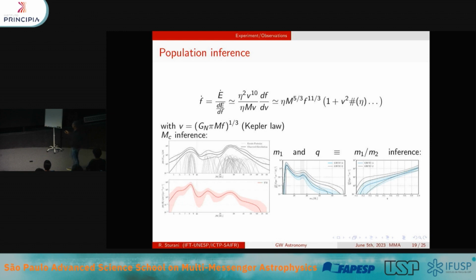This is the inference of all the 90 events. These are the PDFs of all the masses of all of them. Of course, the masses we observe are not completely representative of the masses of the sources, because when we look far away, we only see the most massive objects. We don't see all of them.